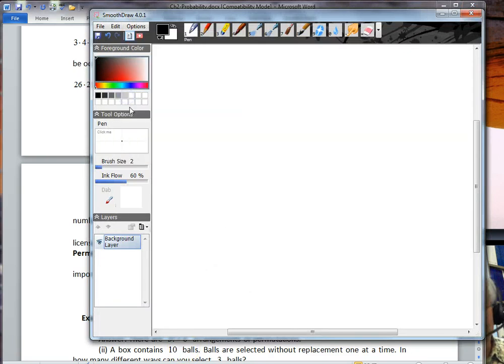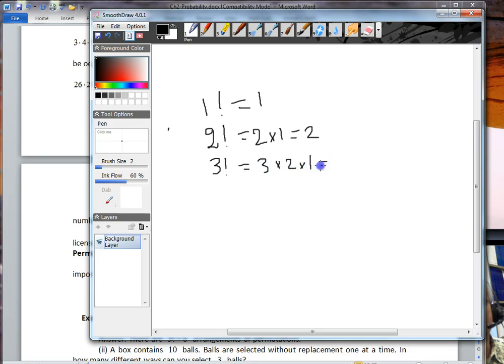Let's see if you remember factorial. Factorial is a way to summarize computations. 1 factorial is equal to 1. 2 factorial is by definition 2 times 1, which is 2. 3 factorial is 3 times 2 times 1, which is 6, and so on. 4 factorial would be 4 times 3 times 2 times 1, which is 24.